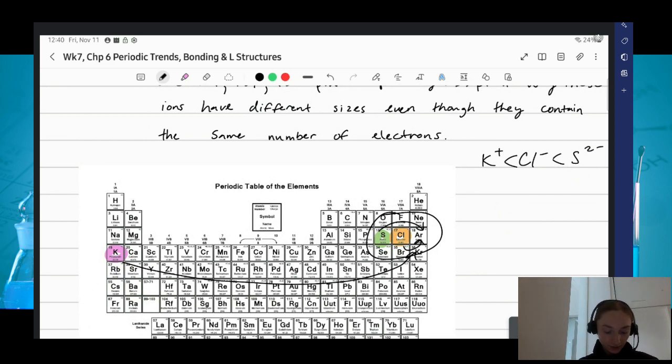Potassium has 19 protons, chlorine has 17, and sulfur has 16. Because it has more protons in its nucleus and ends up in the same place, argon, it has a stronger pull on the electrons, since it has more positive charge, creating a smaller radius.